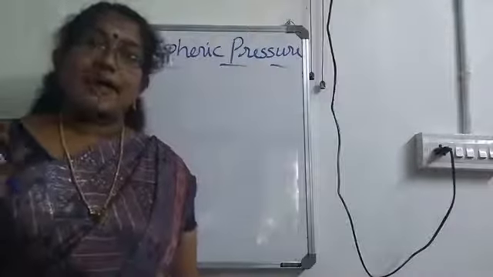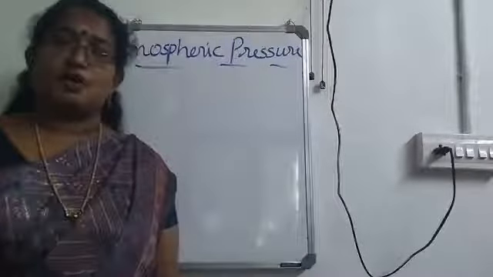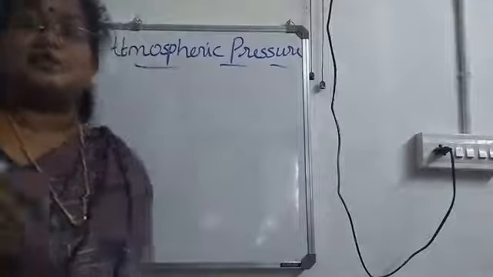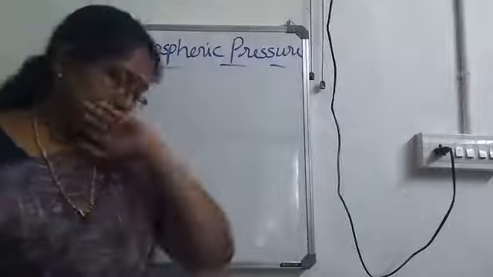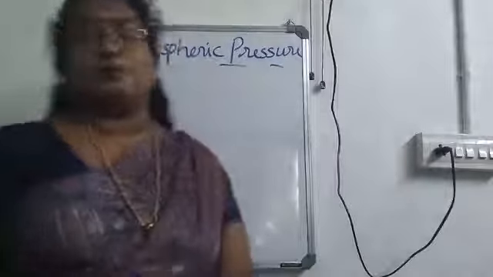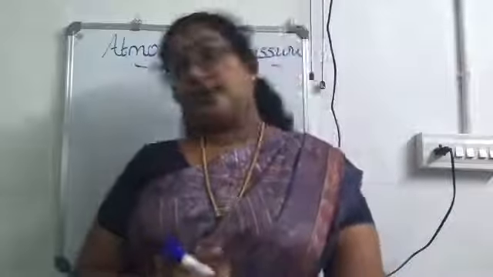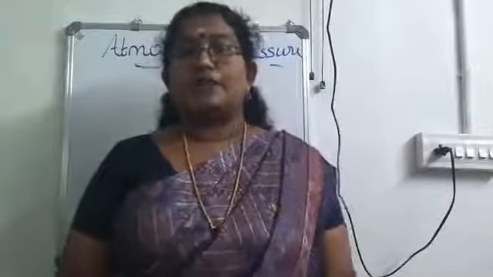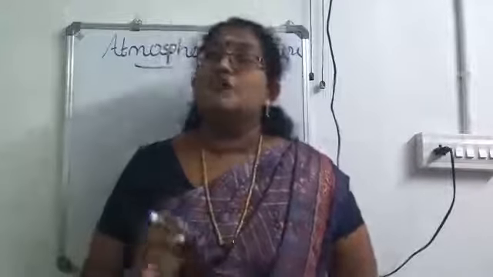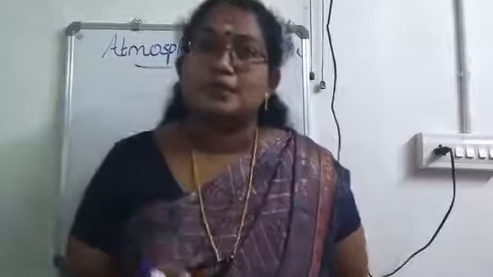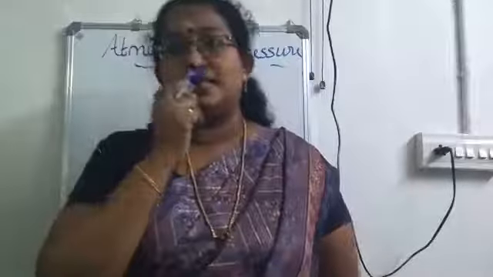This barometer is used in order to measure atmospheric pressure, and with the help of the measurement of atmospheric pressure, we can forecast weather. Using the value of atmospheric pressure, weather forecasting can be done.